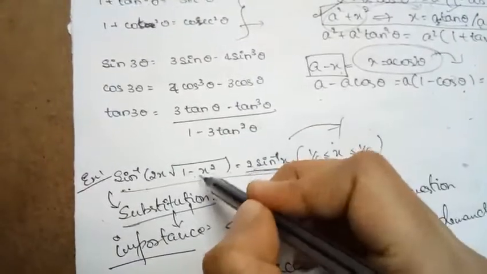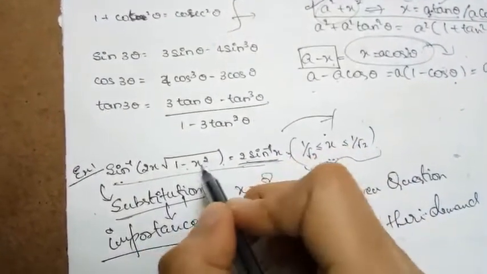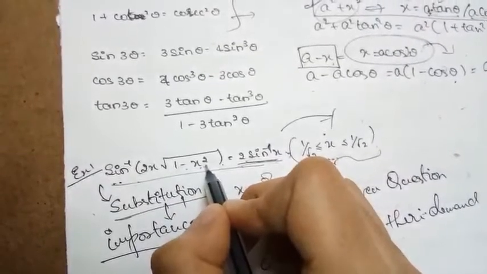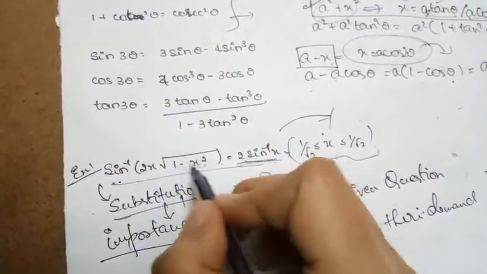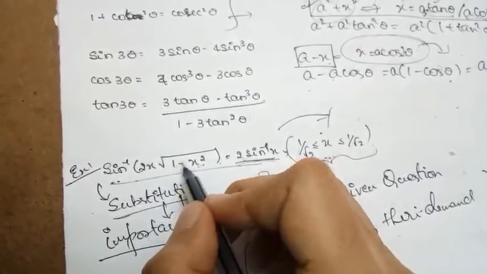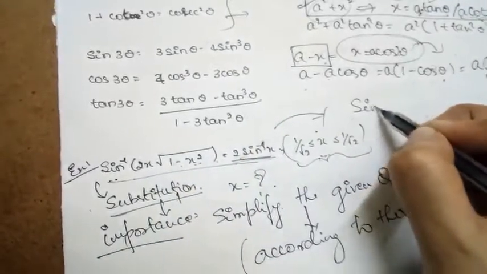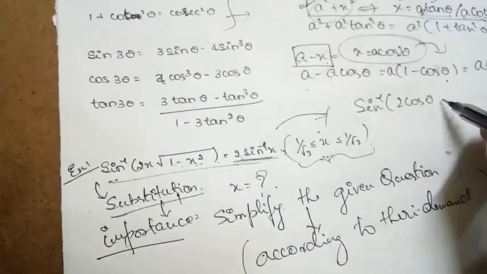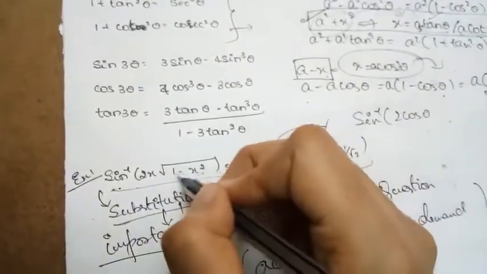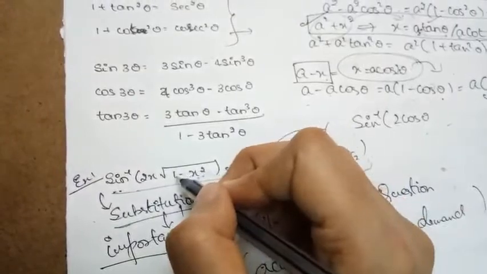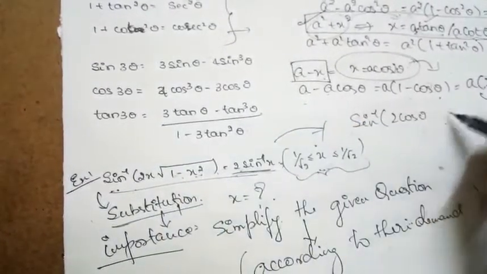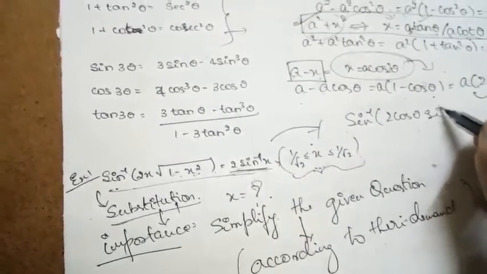If we take LHS, suppose I substitute x with cos theta, what happens? 2 cos theta times square root of 1 minus cos square theta. So 1 minus cos square theta is sin square theta, and square root of sin square theta is nothing but sin theta.